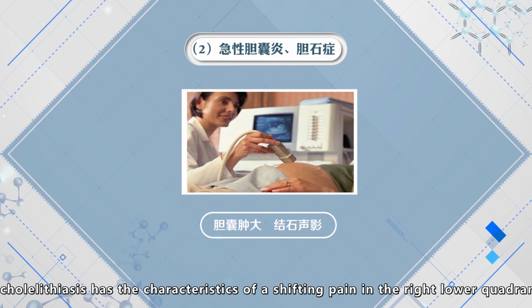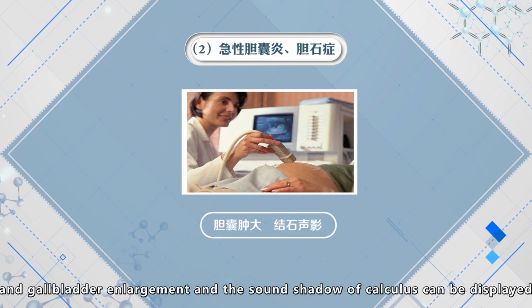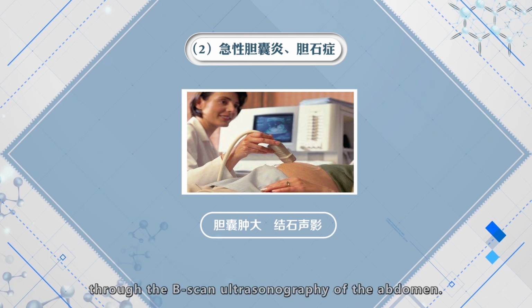Cholecystitis has the characteristics of a pain that does not shift to the right lower quadrant, and gallbladder enlargement, and some sort of calculus can be displayed through the B-scan ultrasonography of the abdomen.